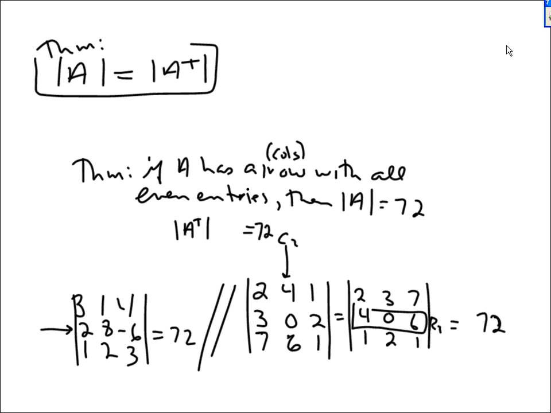If a matrix has a column with even entries, then the transpose will have a row with all zeros. And the determinant of A transpose will be 72. But according to this theorem above, the determinant of A equals the determinant of A transpose.